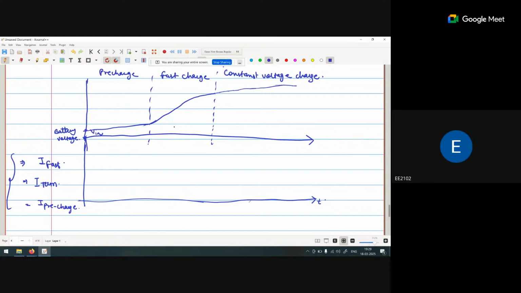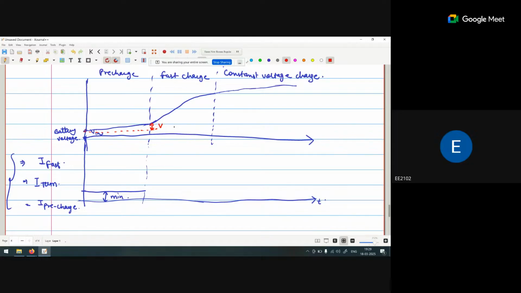Okay, so initially in the pre-charging condition, we require a minimum current. So we are taking that we require this minimum current, because voltage and current will both be increasing very little. If you see in the graph, only this much voltage will be increasing.